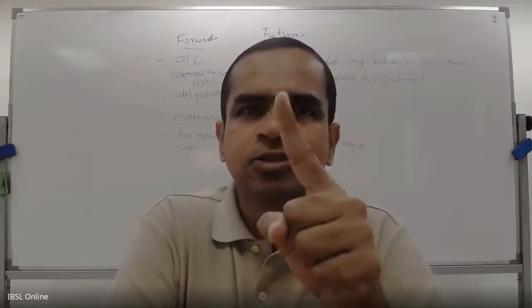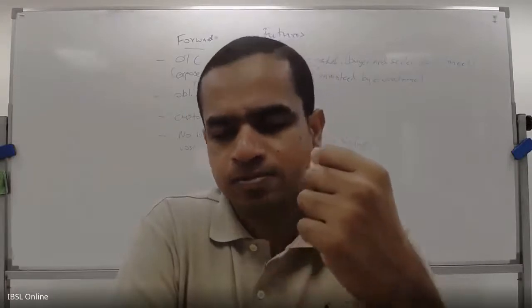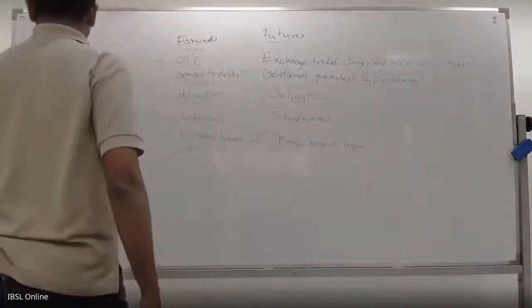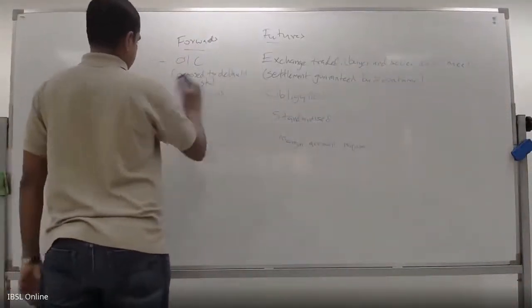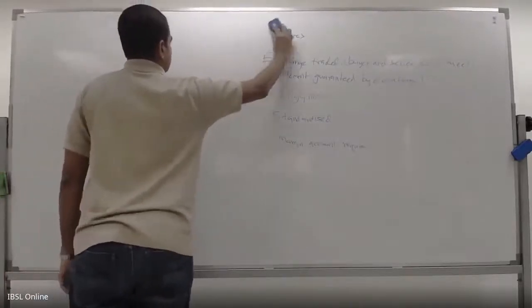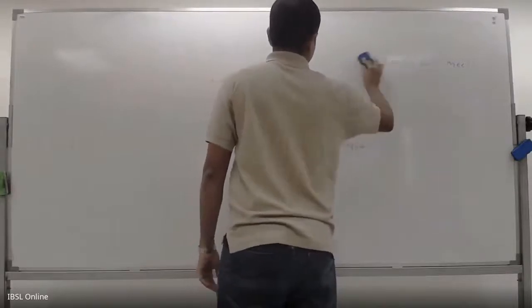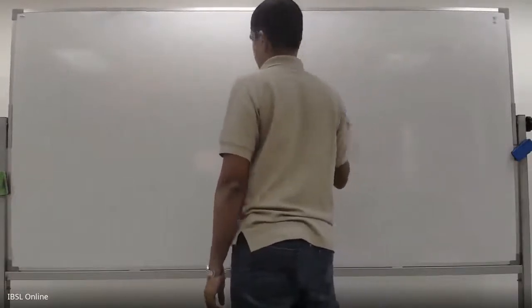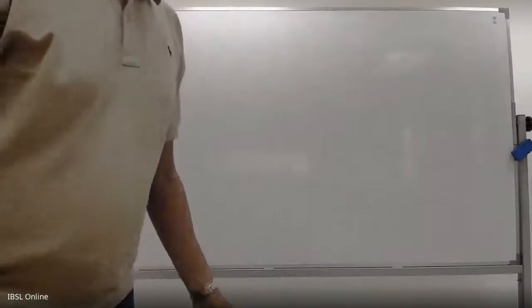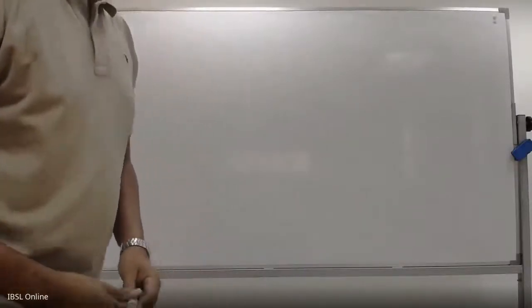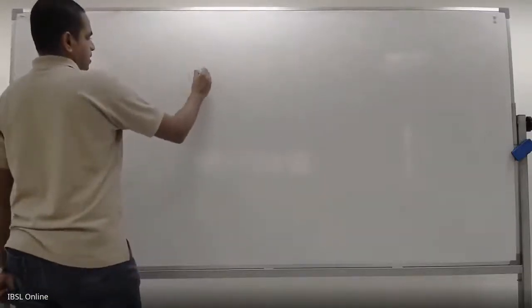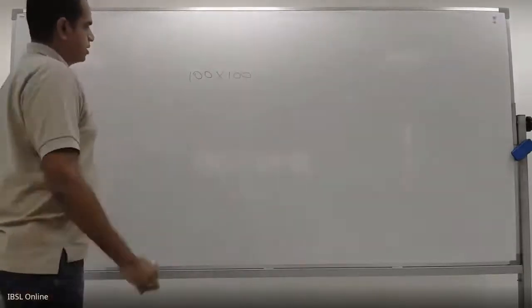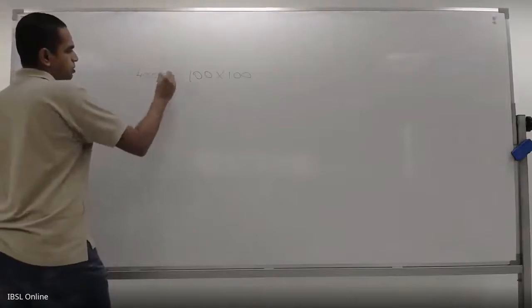You're buying 100 contracts. Each contract has 100 ounces of gold, and each ounce of gold is $400.